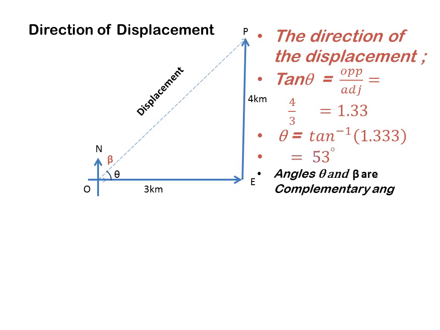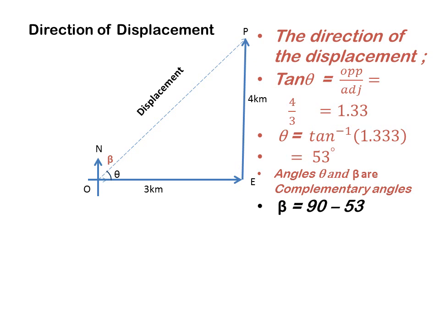That's what gives us angle theta, but we are looking for angle beta. Angle theta and angle beta are complementary angles, so beta is equal to 90 minus 53. By complementary angles, we mean that they both sum up to 90 degrees.